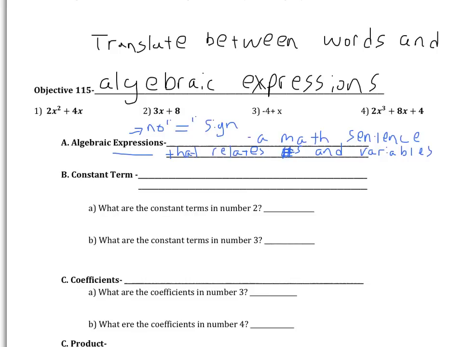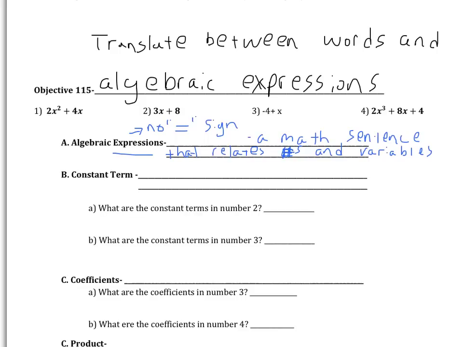All right, let's go over a constant term. What does constant mean? Well, constant means it stays the same, right? If you say that the amount of money that you make per hour at a job is, let's just say, 15 bucks, the amount that you make stays constant. It doesn't change.